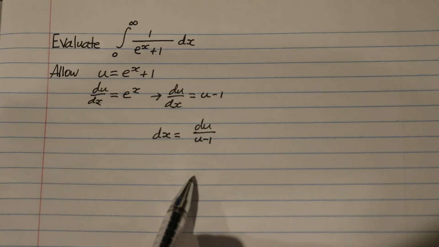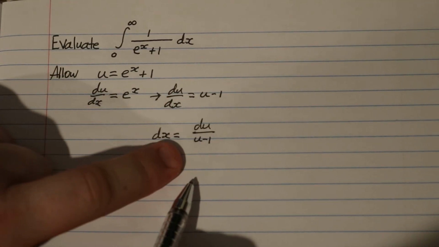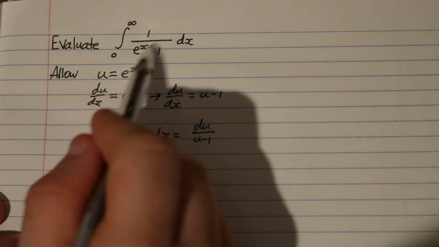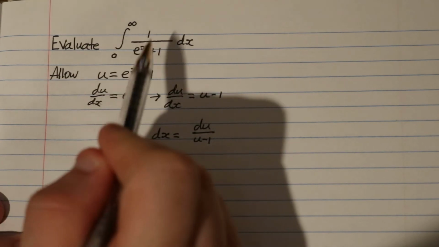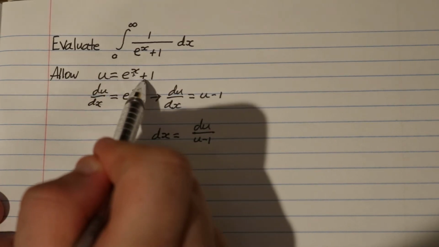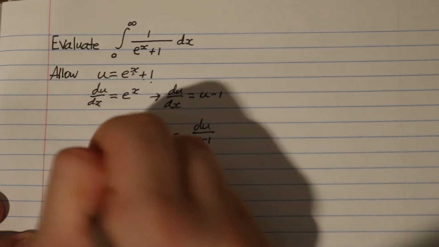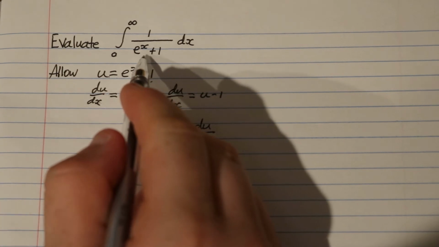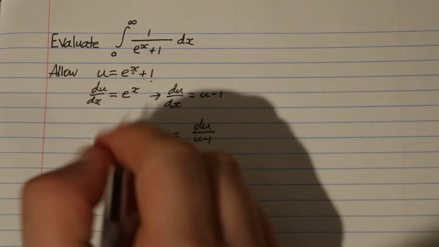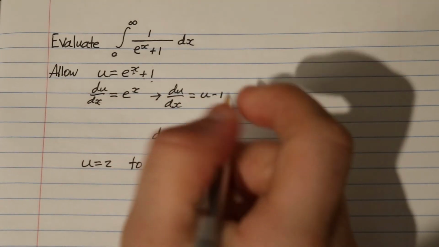So we've got our u substitution and we've got this fact right here. So let's change the limits for our integral. For 0, we get e to the 0 plus 1, so our limit for u would equal 2, and e to the x plus 1 as x approaches infinity also diverges, so it's infinity.